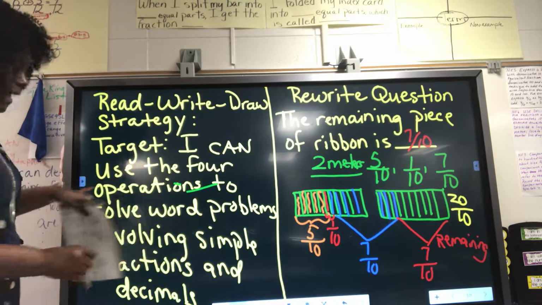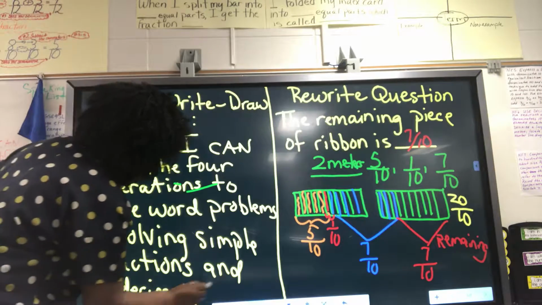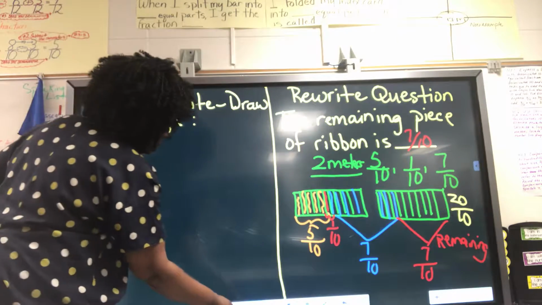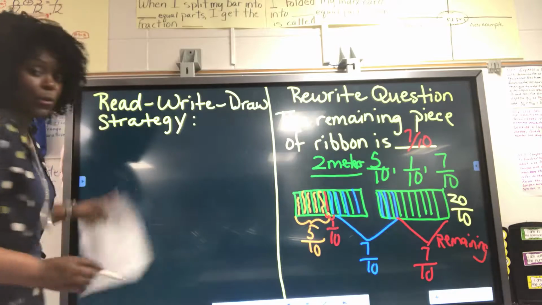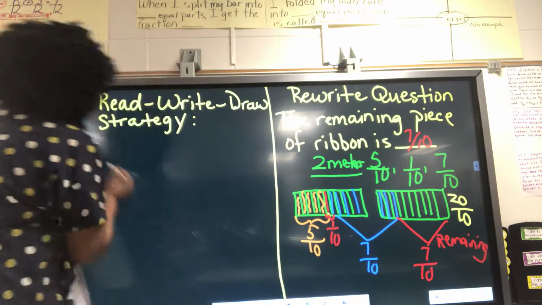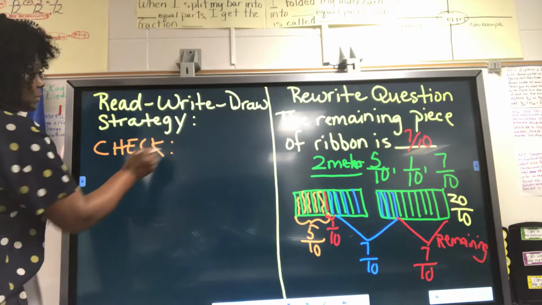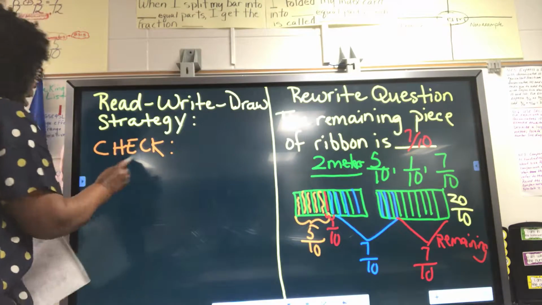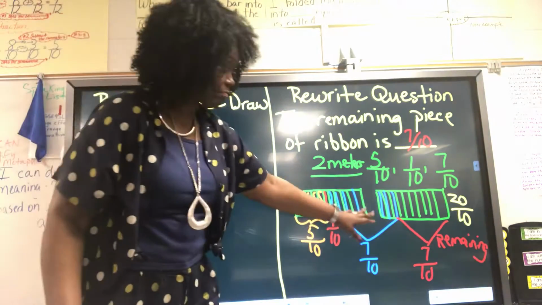I'm going to take this out. And we're going to do our check over here. You always want to check and make sure you're correct. So understanding that we have 20/10 in our model.